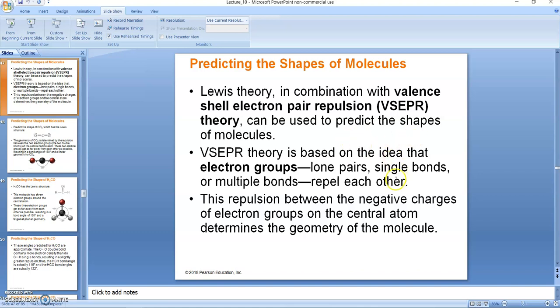So a double bond, normally you think of as two separate pairs, and they are two pairs, but for the sake of VSEPR theory, a double bond is a single thing. So it counts as a pair, even though technically there's more than two electrons in there. Again, it's probably better if we had called it electron group repulsion, but they didn't ask me before they did this, so whatever.